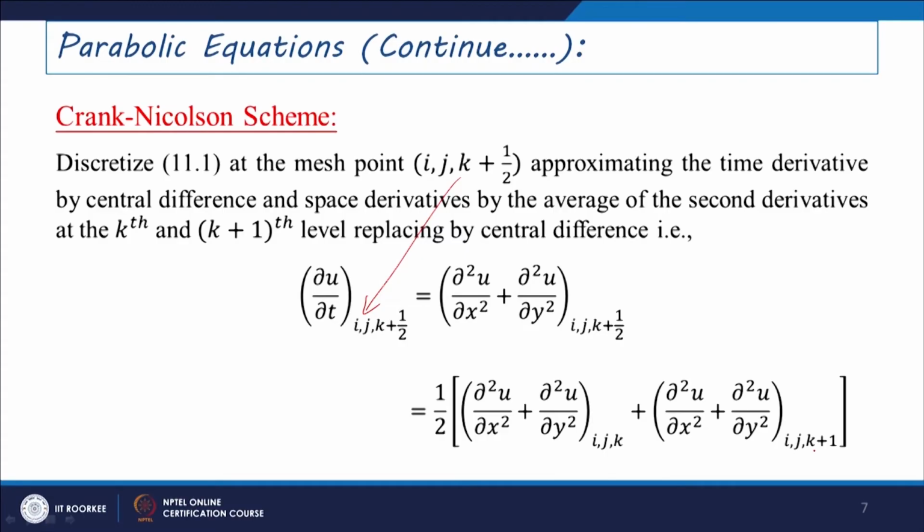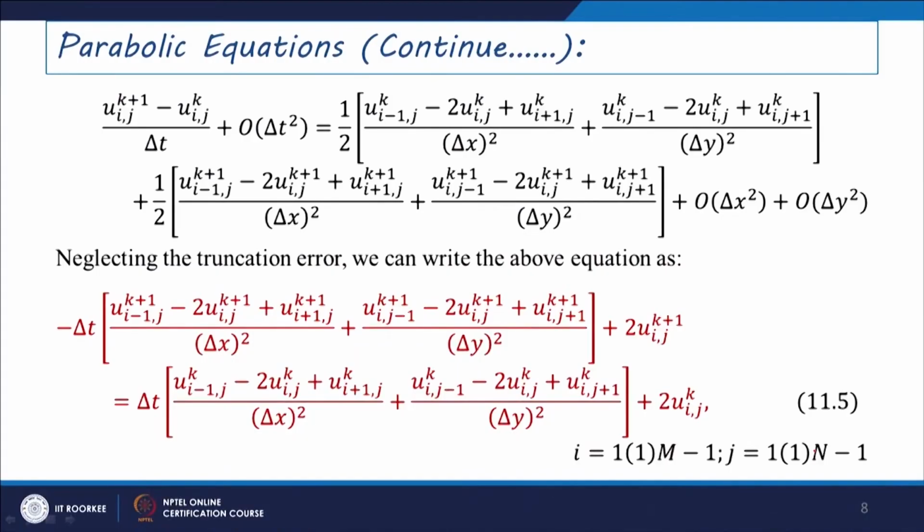If we consider the central difference for the time derivative, it can be represented as u i j at the k plus 1th level minus u i j at the kth level divided by del t. Since it takes central difference approximations, the order of approximation for the space coordinates is order of del x square plus order of del y square.